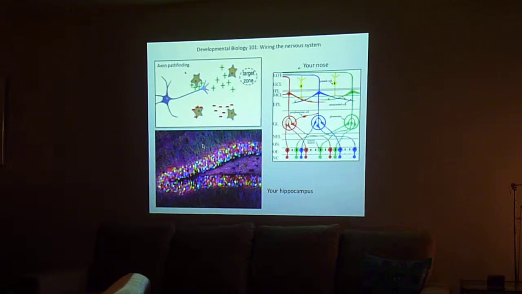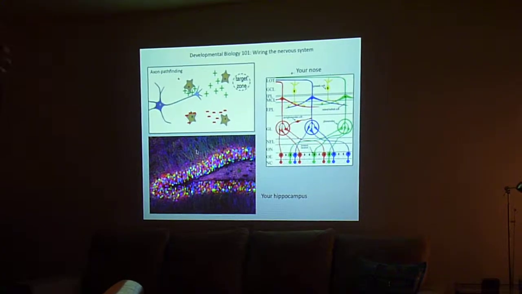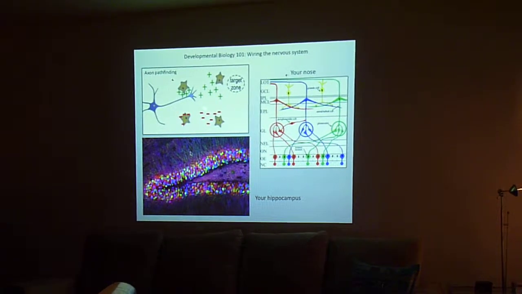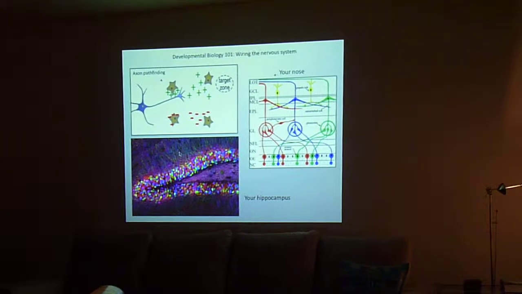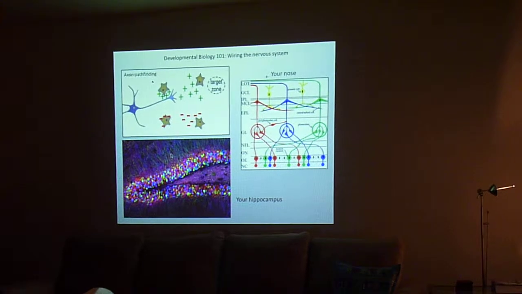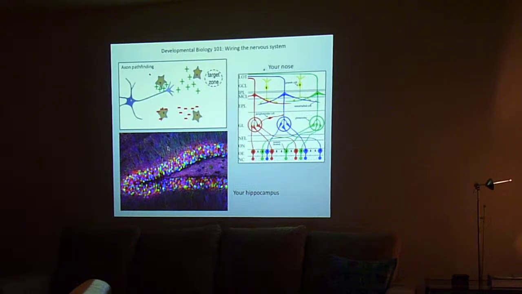So the point of that axon outgrowth and then looking for the right target is described in this little cartoon here. If you think about neurulation, after those cells have made the right migration to where in the body they need to be, now they need to start wiring together.